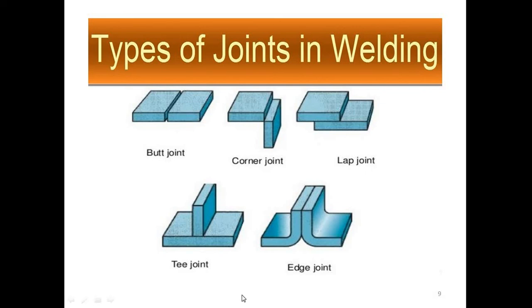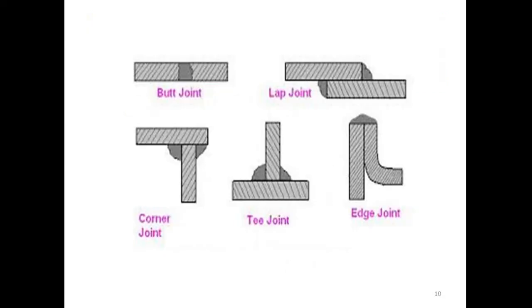Then the edge joint, at the end edge where we are going to weld, at the edge of the two plates, the welding takes place. This is called an edge joint. Again a similar butt joint.